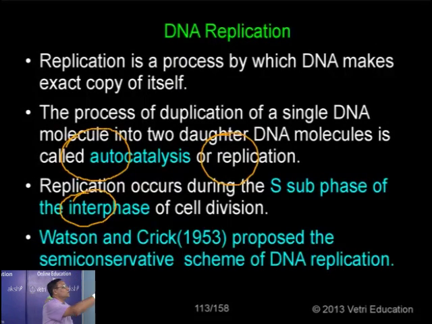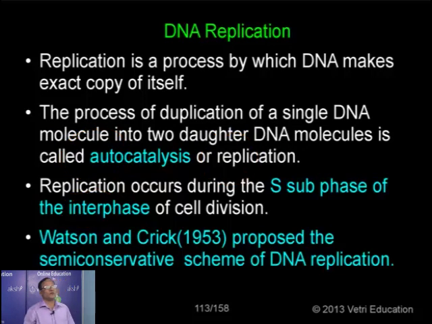Now let's pass on to the next process in molecular genetics or molecular biology, the replication of DNA. It is one of the important events normally happening during the process of cell division. It involves the duplication of one DNA molecule into 2, into 4.